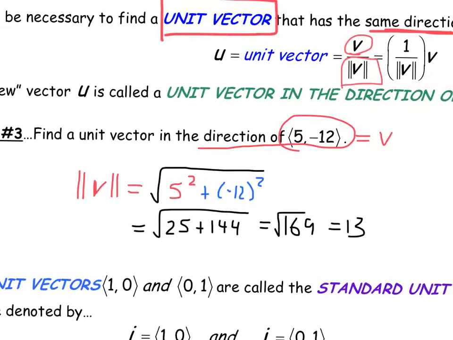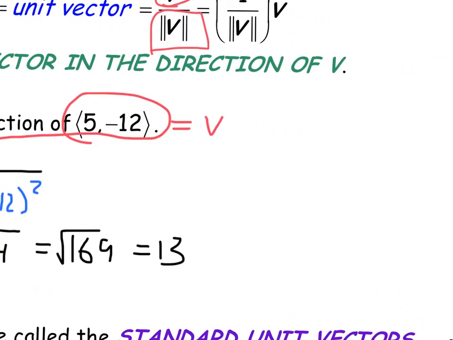So the rule says if I want to find the unit vector in the direction of <5, -12>, all I have to do is take my 13 and divide that into each component. So let me call u for unit vector: it is going to be <5/13, -12/13>.